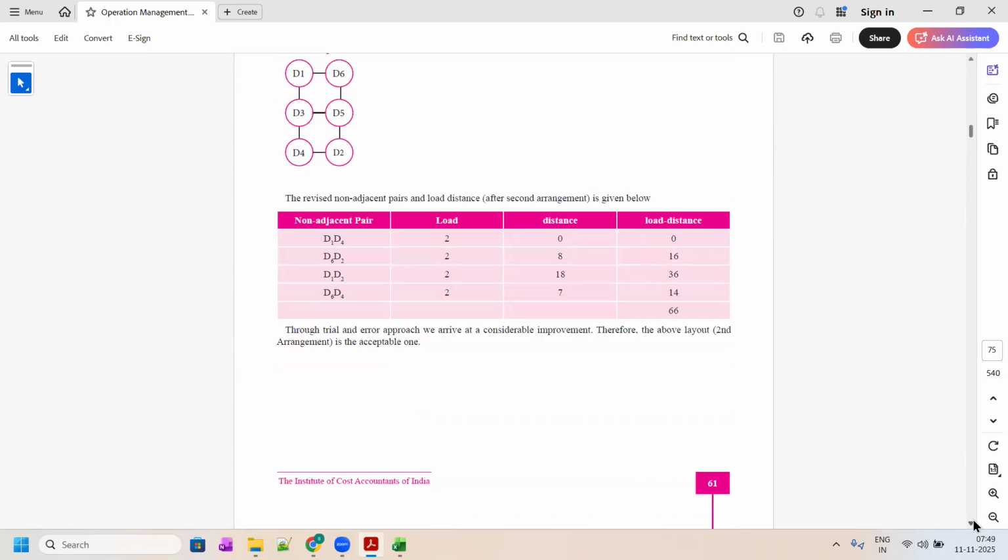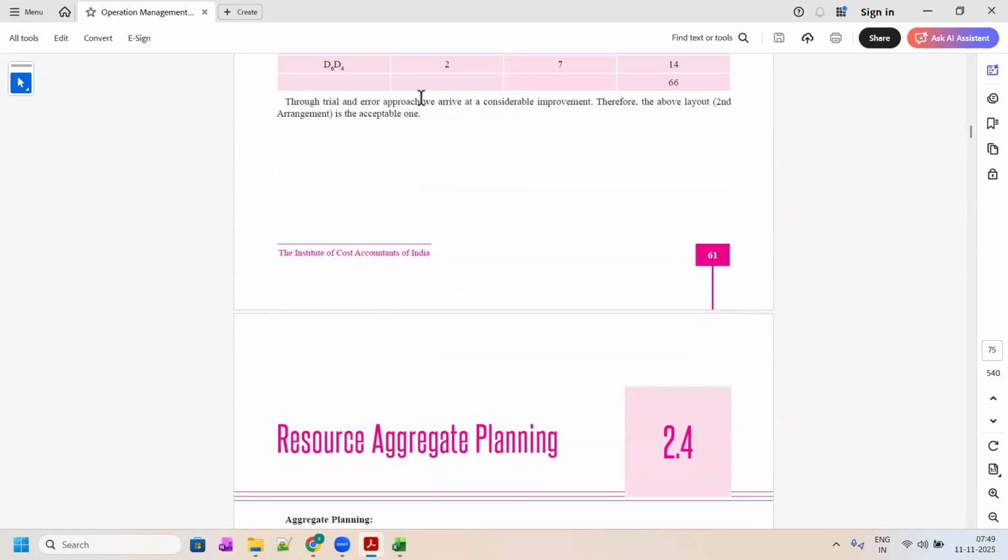See now, the only way of doing it is the trial and error approach. There's no mathematical way, there's no correct way. Because there's no mathematical way or correct way, all the ways you use would be correct only. I hope you got the answer.